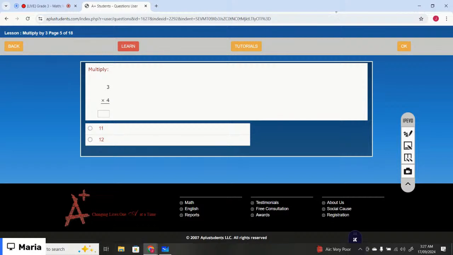It is 3 times 4 is 12. Option number two is the correct option.